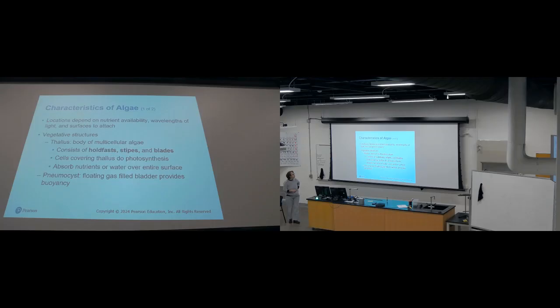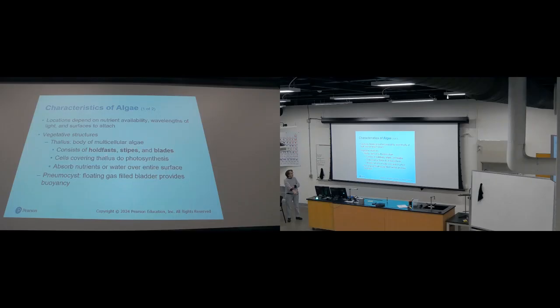So location of the algae will depend on where the nutrients are available, wavelengths of light, and surfaces to attach. Now, the vegetative structures of algae will be a thallus, which is almost similar to the thallus of lichens. It has holdfast, stipes, and blades.